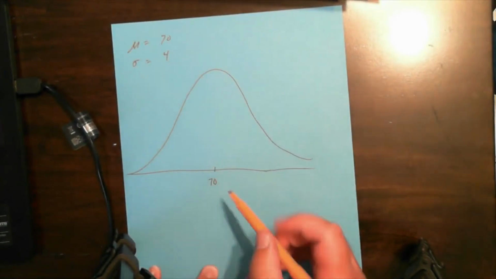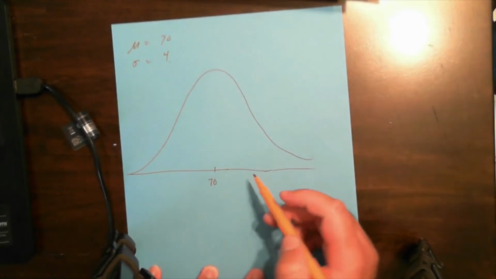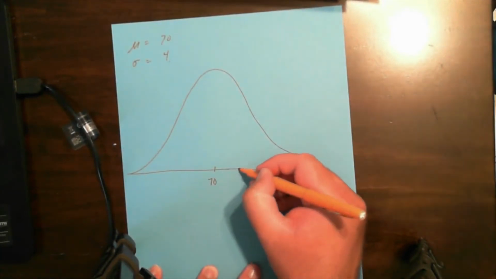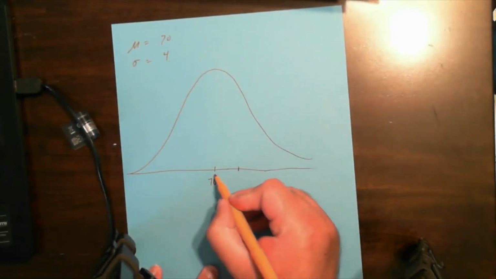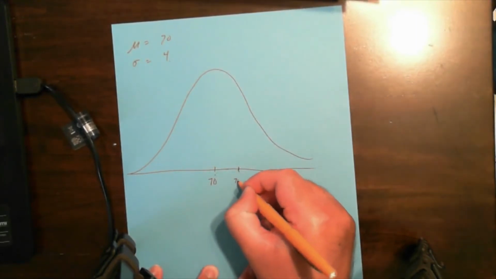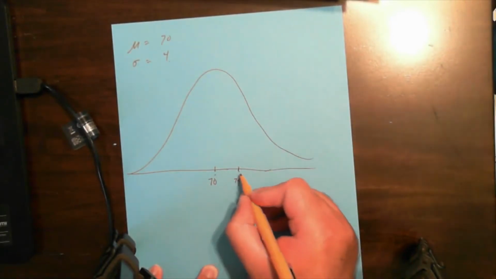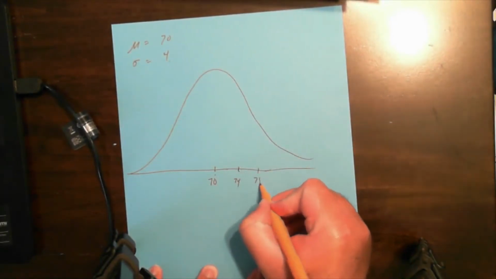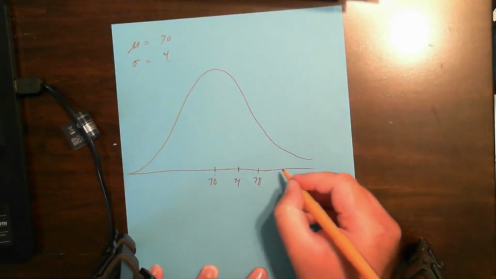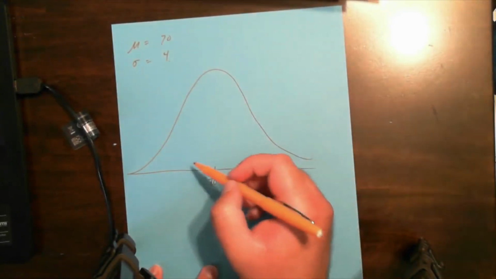My standard deviation is 4, so that means that these intervals down here are going to be width of 4. So my first interval here is going to be 70 plus 4. So this would be a 74. So between 70 and 74. My next interval, add 4 more, would be up to 78. Then up to 82, etc., right?